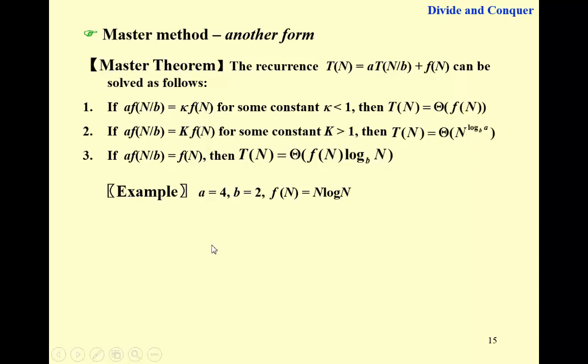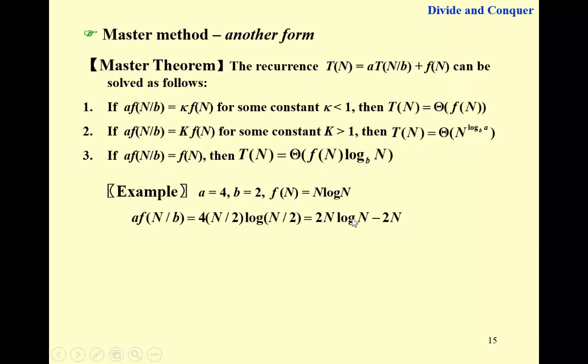So it's 4 times, replacing n by half of n, so we get half of n times log of half of n. Simplifying it, we get something like 2n times log n minus log 2, where log 2 is 1.